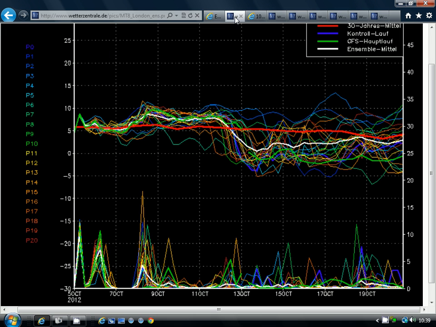If we have a look at the GFS temperature ensemble for the next couple of weeks, we can see that we're actually near normal at the moment, and we're going to go a little bit above normal next week actually. Not desperately warm, but very slightly above normal. The red line is the seasonal average, but it's really from around the 12th to the 13th that we start to see these lines digging below the red line.